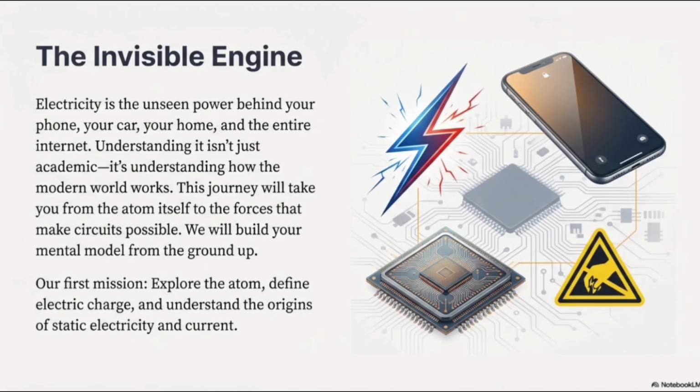In this chapter, we are going to talk a little bit about that, and see what is actually happening inside this invisible engine. As I just told you, electricity is unseen power, and it's everywhere: in your phone, in your battery, in the car, in your computer, in the microphone.